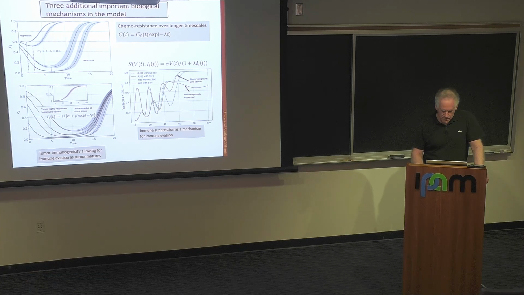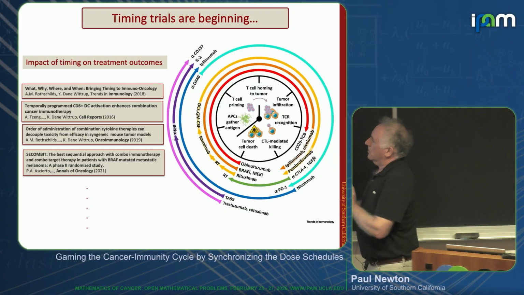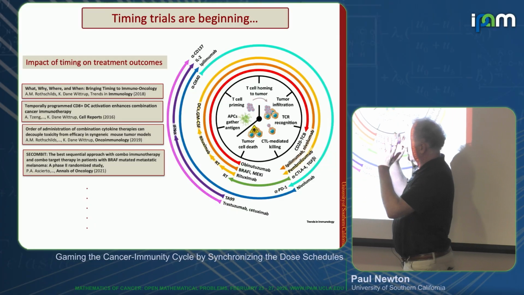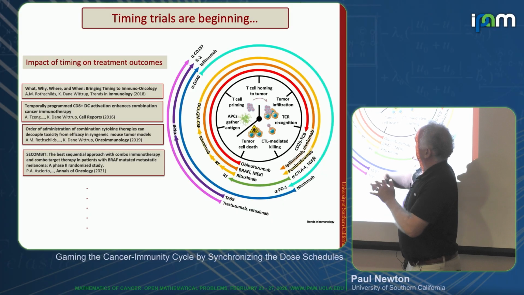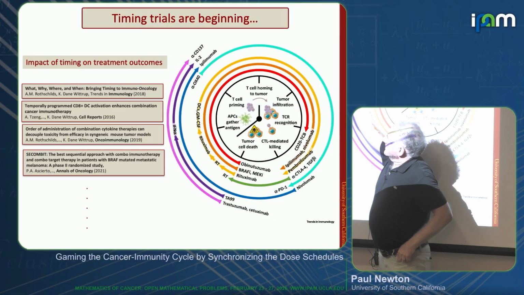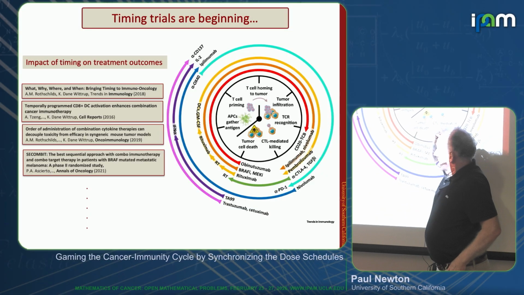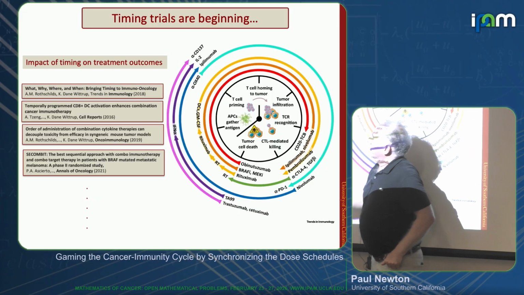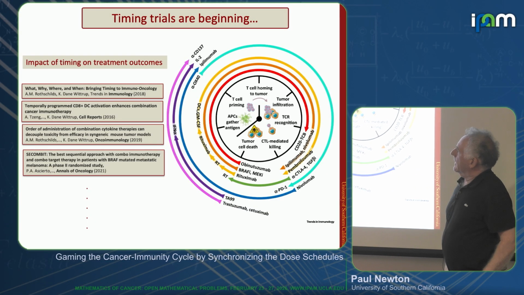All right. This is taken from a nice paper that I got a lot of the ideas for this model from. They weren't doing modeling, they were basically talking about these questions. This group at MIT, Dane Woodruff, I think, is the leader of this particular study. They wrote a nice review paper in 2018, What, Why, Where, and When: Bringing Timing to Immuno-Oncology.